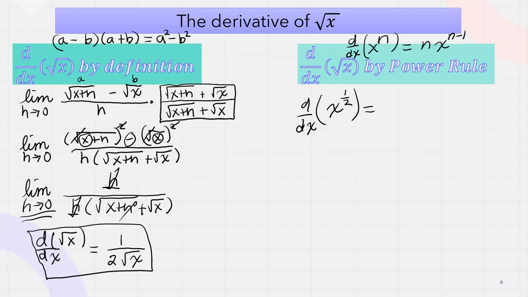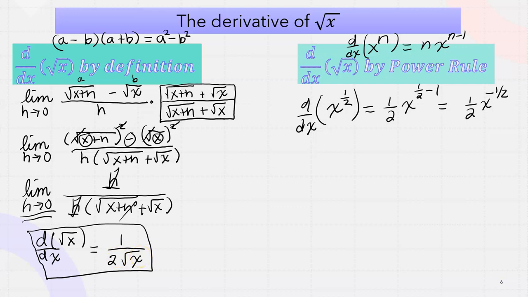So, take the 1/2, put it down here, x to the 1/2 minus 1, and 1/2 minus 1 is negative 1/2. But you might be saying, but my answer was 1 over 2 square root of x.